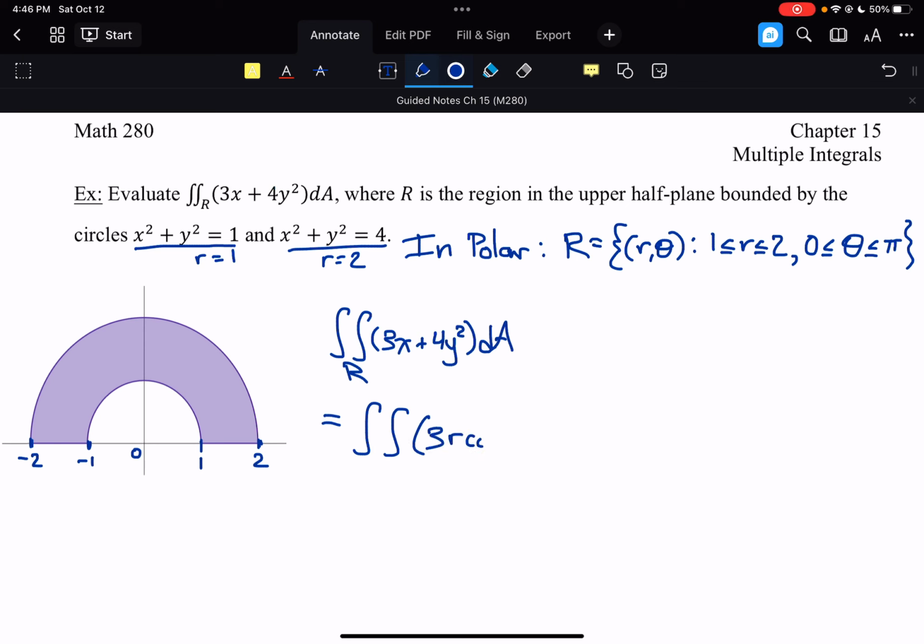So that's the integral of 3r cosine theta plus 4 r squared sine squared theta, times r dr d theta, where r is going from 1 to 2 and theta is going from 0 to pi.